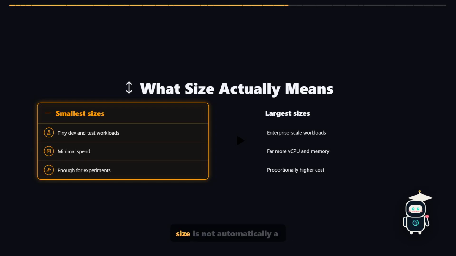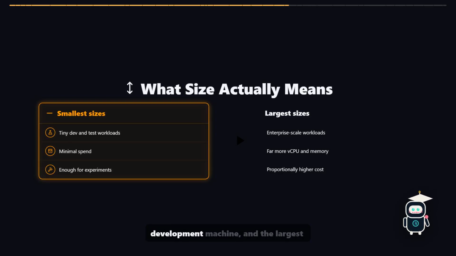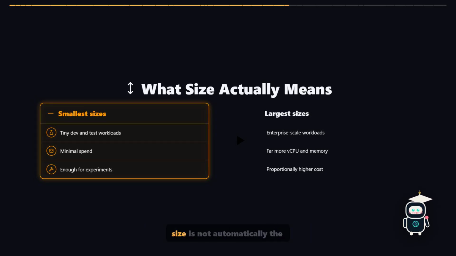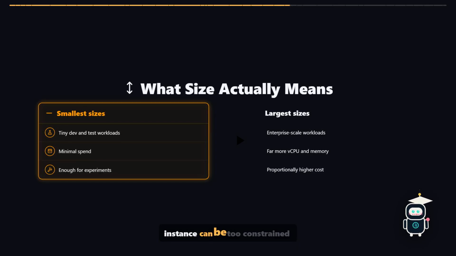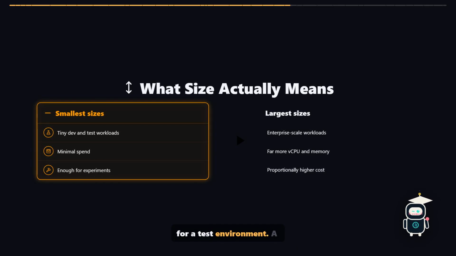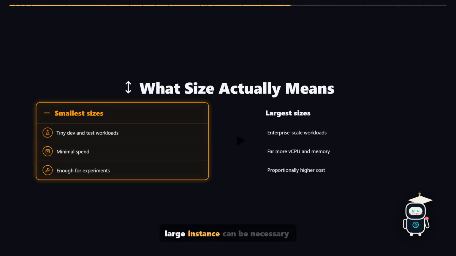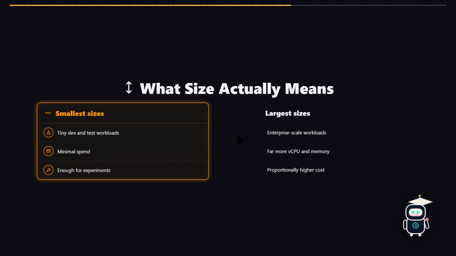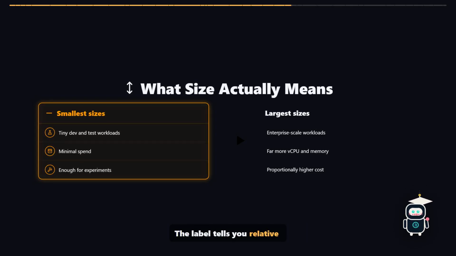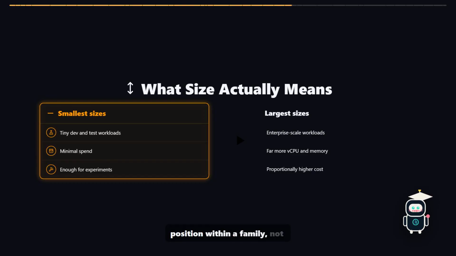The smallest size is not automatically a development machine, and the largest size is not automatically the right enterprise answer. A small instance can be too constrained for a test environment. A large instance can be necessary for a real-time production workload. The label tells you relative position within a family, not business importance.